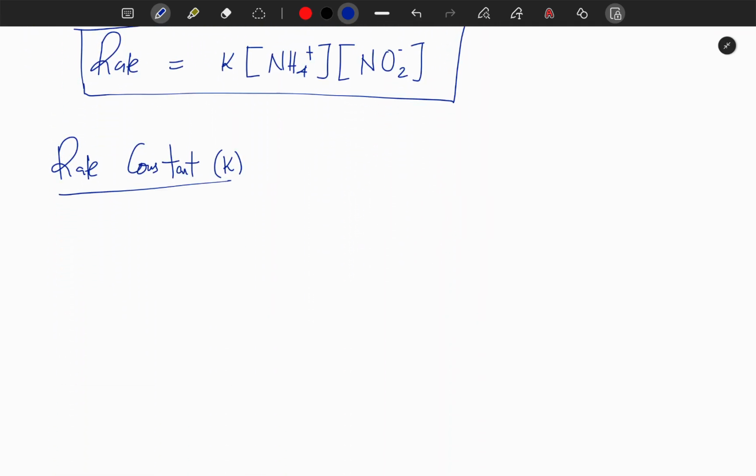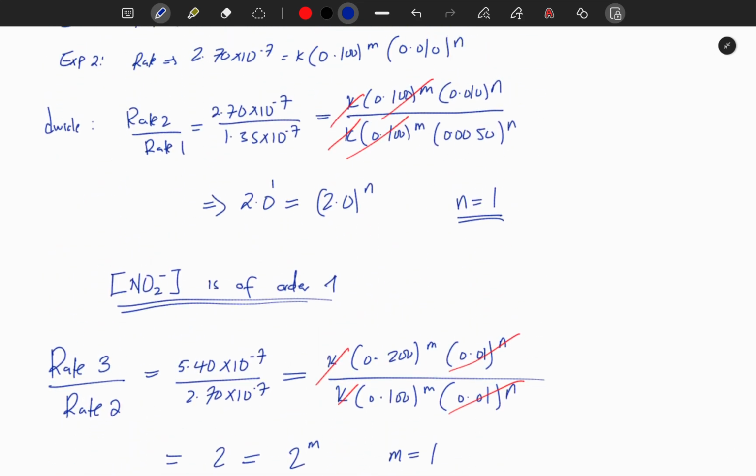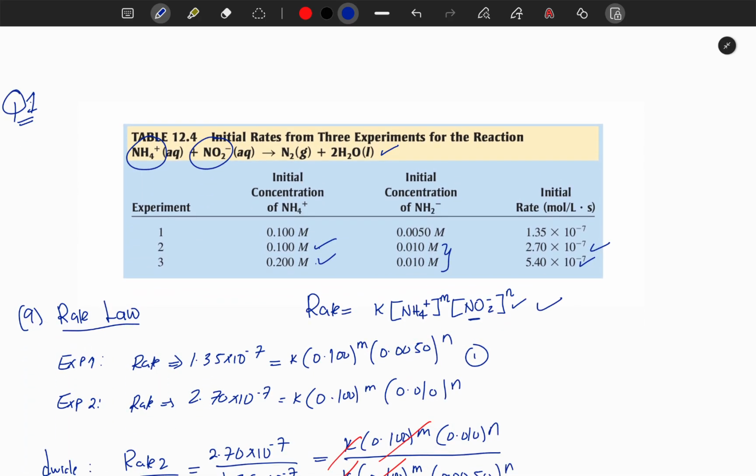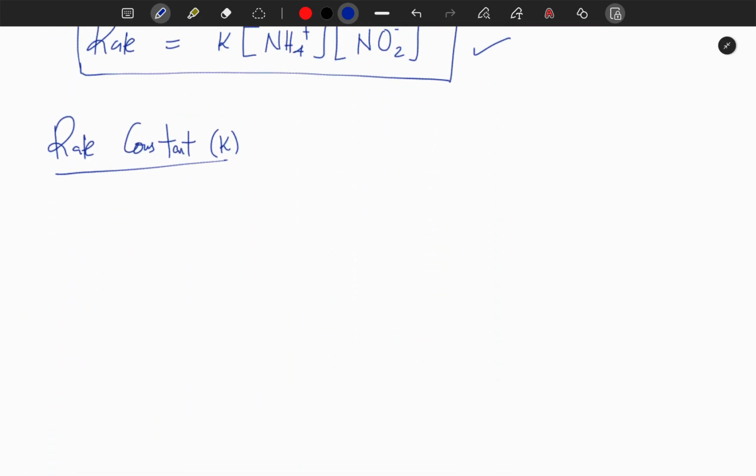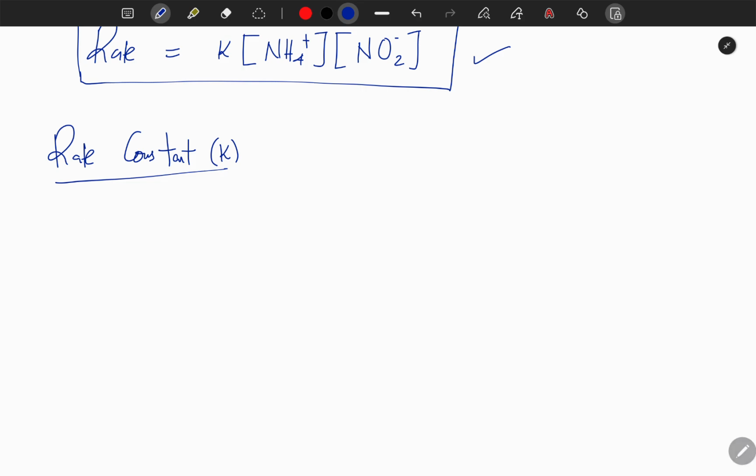So we know our rate is like this. So if I get from experiment 1, what am I having now? So the rate there is 1.35 times 10 to the power negative 7 from experiment 1, which is equal to k.